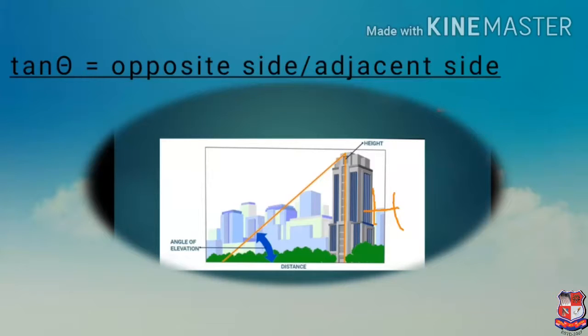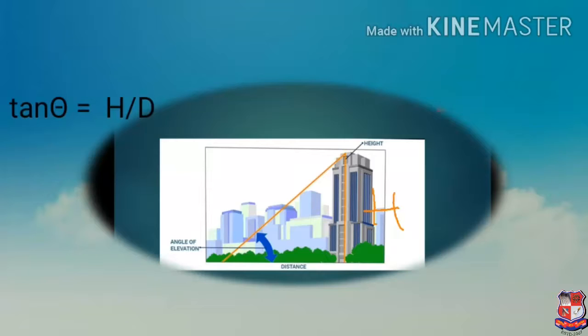Now, if we apply the formula of tan theta, where tan theta is equal to opposite side upon adjacent side, in this situation it gives us tan theta is equal to h by d.